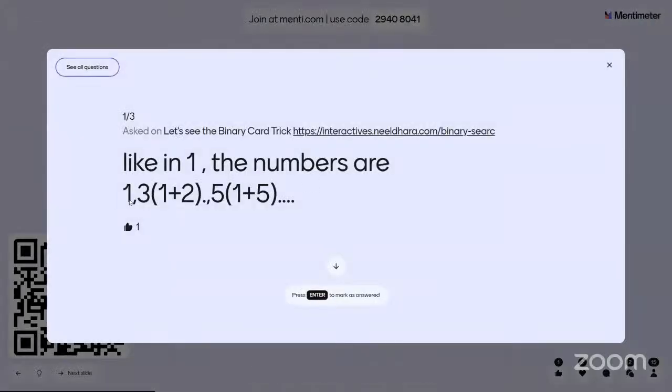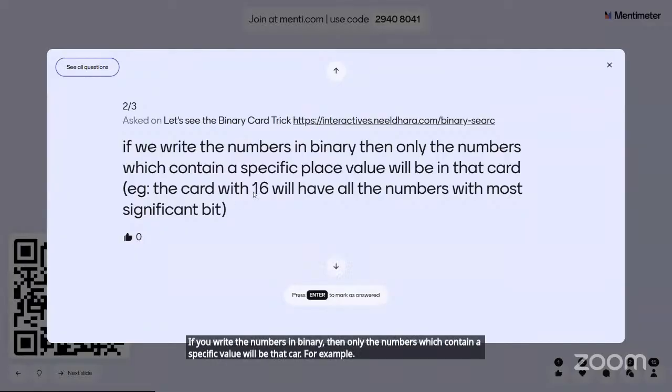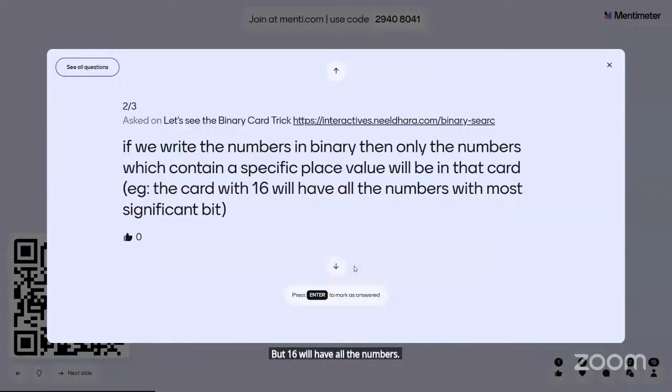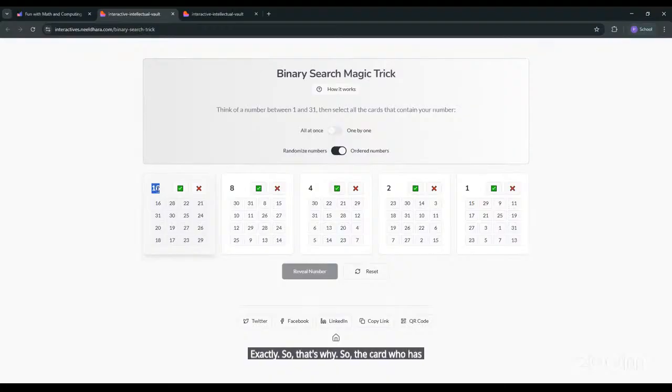Like in 1, the numbers are 1, 3, 5, plus 1. If we write the numbers in binary, then only the numbers which contain a specific value will be on that card. For example, the card with 16 will have all the numbers with that most significant bit, right? Exactly. So the card which has the bit of 16.